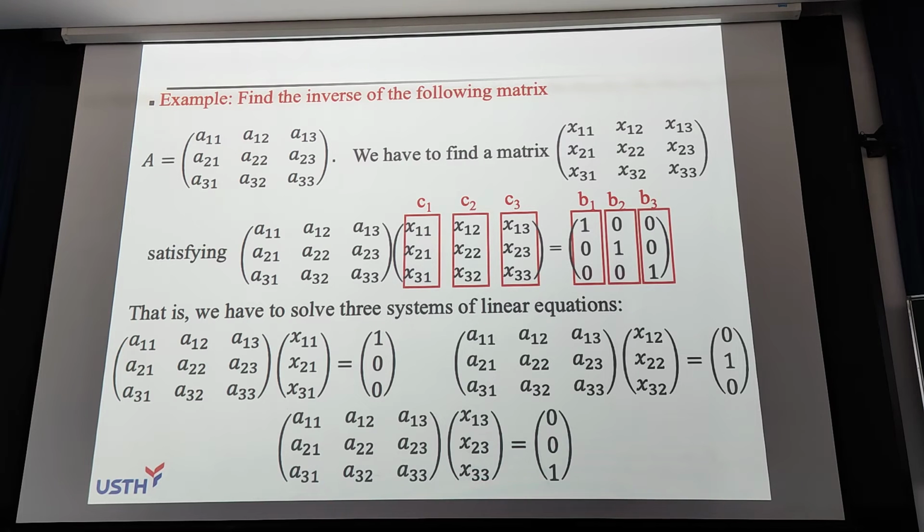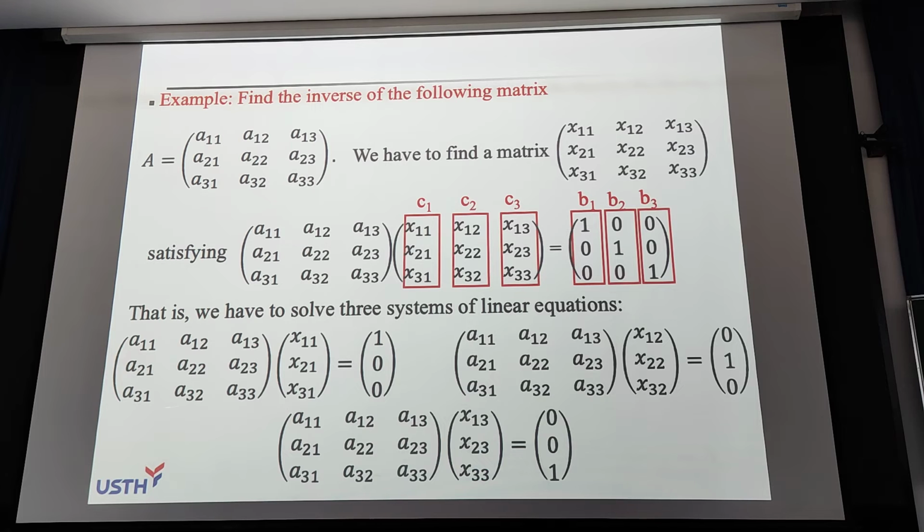Then, in order to find the matrix X here, you need to solve three systems of linear equations. One system of linear equations is complicated enough for you, but now we have three, and you have to solve all three. Oh, it is too complicated, too long. But however, if you pay attention to that, you see the coefficients are the same.